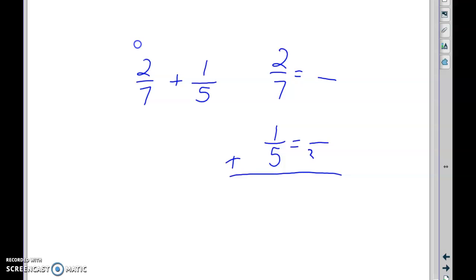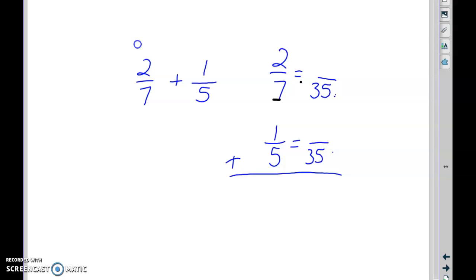If you said 35, you are correct. So I'm going to put that in the denominator for both those fractions. And now I'm going to switch both of them over to 35s, and then I'll be able to add because I have the same denominator. To do that, you ask yourself, 5 times what number, or 7 times what number is 35?